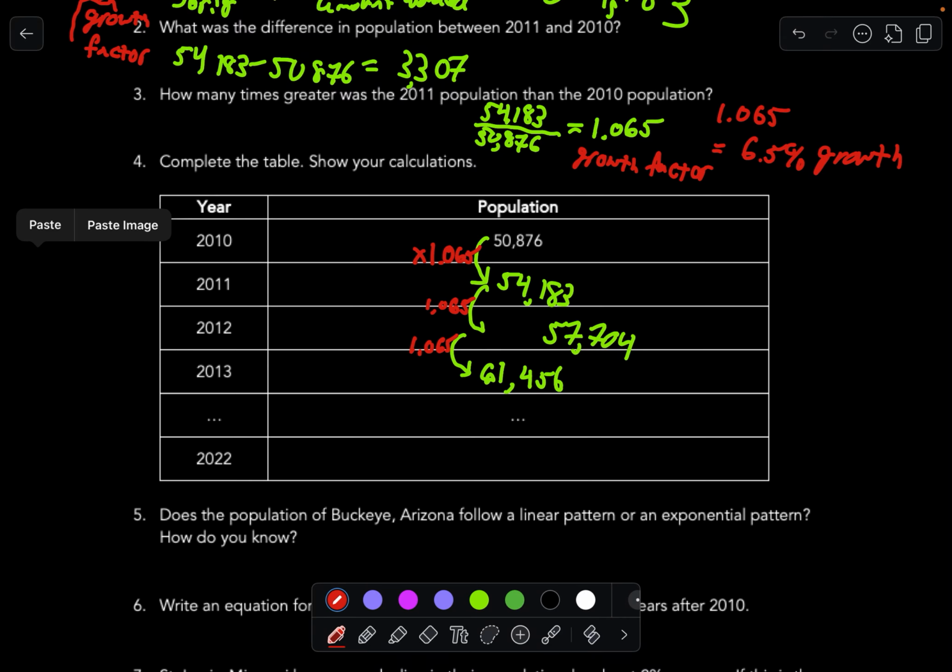Now, notice we skip from 2013 to 2022. How many years is that? So each one of these is 1 year, right? Each one is plus 1, plus 1, plus 1. Now, all of a sudden, we jump from 2013 to 2022. That's plus 9.